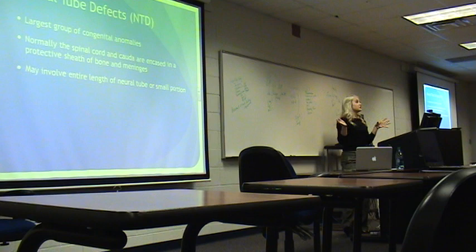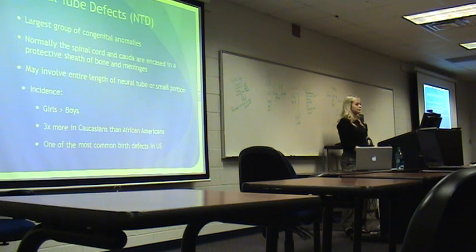But with these babies, there's a defect in that. It could involve the entire length of the spinal cord and neural tube, or it could just be a small portion of it. Their prognosis is going to be dependent upon how much is included in that defect. It happens in girls more than boys. It happens 3 times more often in Caucasian and African American babies. And it is one of the most common birth defects that we find in the U.S.